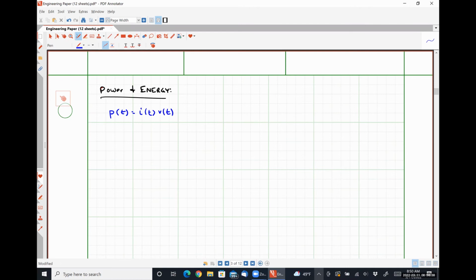All right? Where power is measured in watts, where 1 watt is equal to 1 volt times 1 amp, which is the same as 1 joule per second.